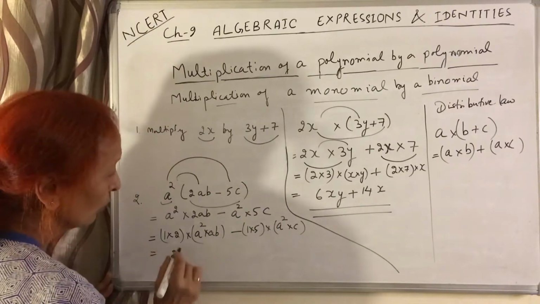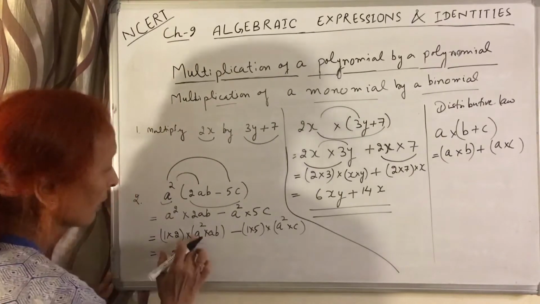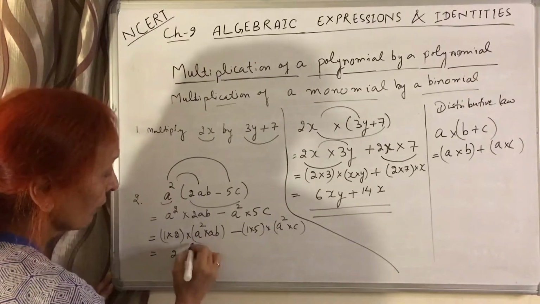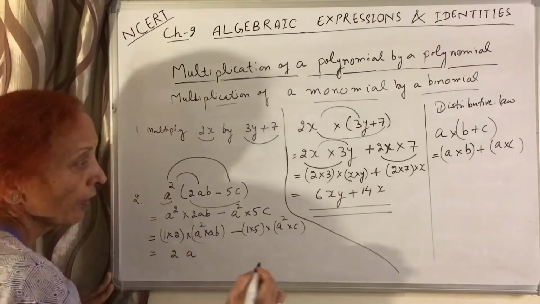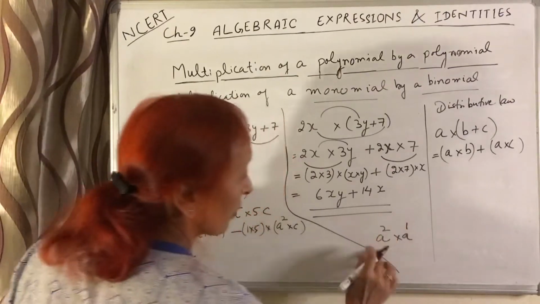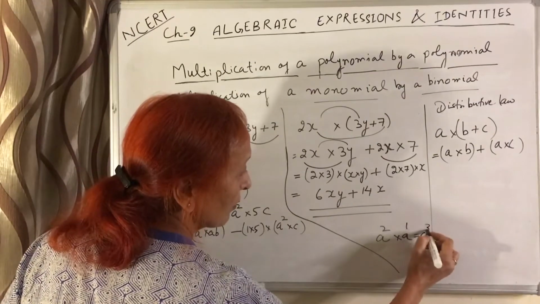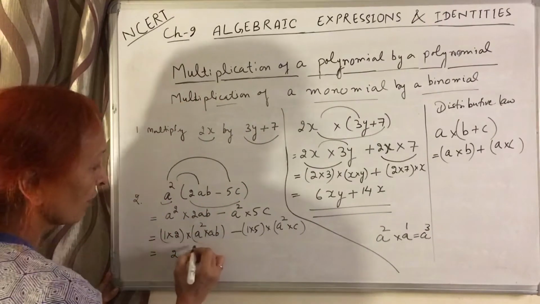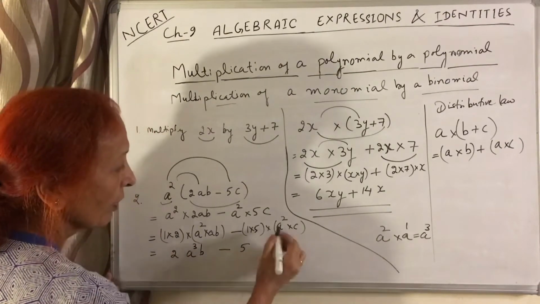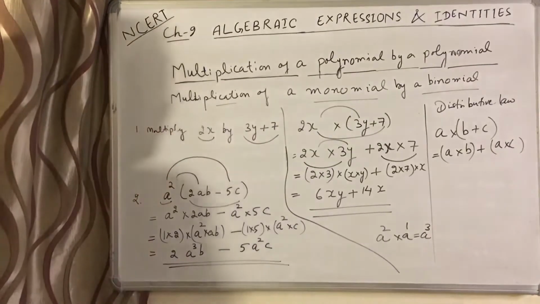Now we will take first the same base term, that is a square into a. When we multiply the same base, exponents are added. This is 2 plus 1, 3. So this is a cube b, minus 1 into 5, 5 a square c. This is the answer.